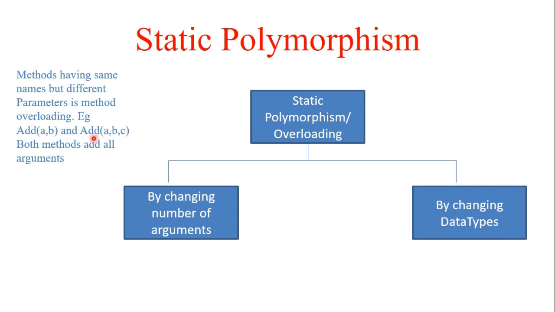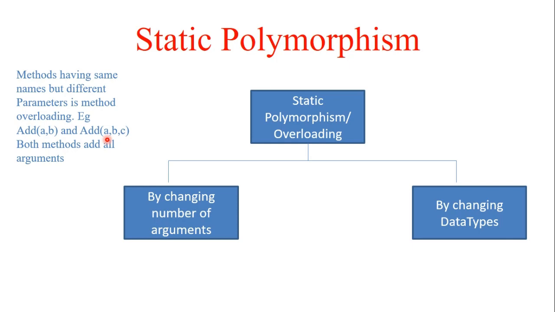You can also create different methods, but then the real meaning of that method is just to add numbers. So I want to put all of my methods with the same name, add. Now if I pass two variables to this method, 4 and 5, this particular method is called. If I pass 4, 5 and 6, then this method is called. But the internal functionality of both the methods will remain the same, that is to add the 2 numbers or 3 numbers. So this was nothing but overloading.